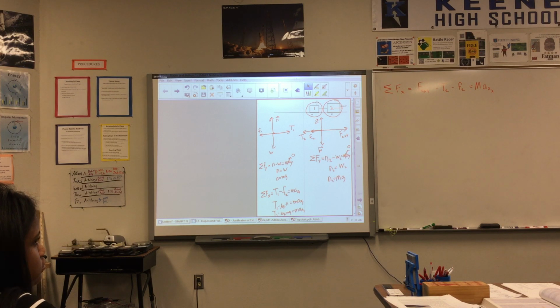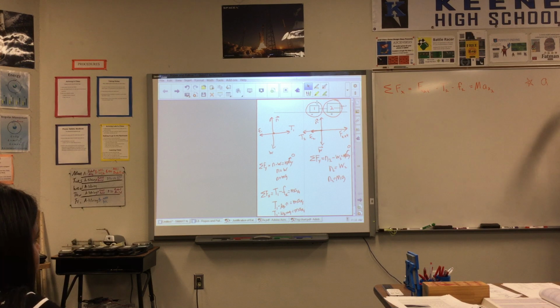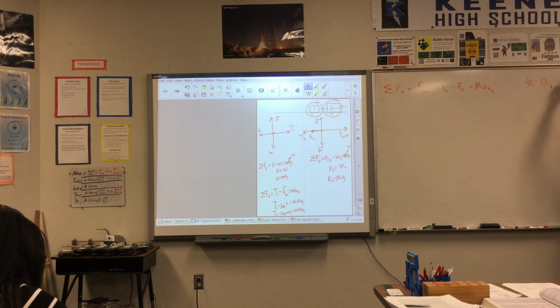I wasn't going to mention that till the very end of this, but we can put it as a little side note. The acceleration in the x direction of object 1 equals the acceleration in the x direction of object 2.